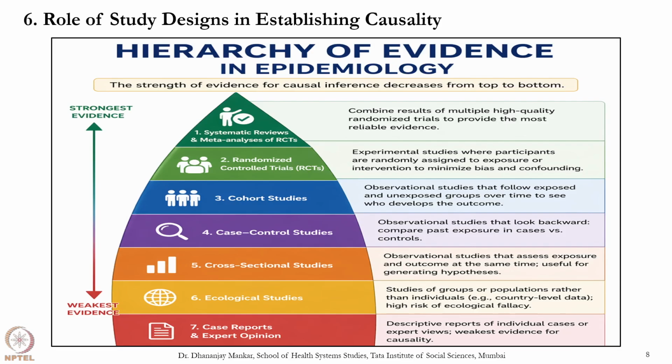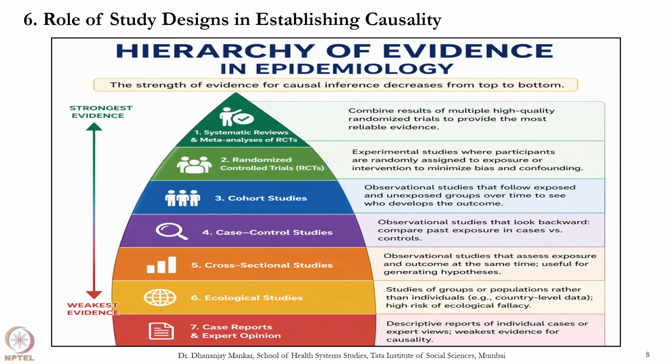Ecological studies are studies of groups or populations rather than individuals. Country-level data, with a high risk of ecological fallacy, is one example, and has among the weakest evidence. Lastly, case reports and expert opinion are descriptive reports of individual cases or an individual expert's opinion or views, which have very weak evidence for causality.